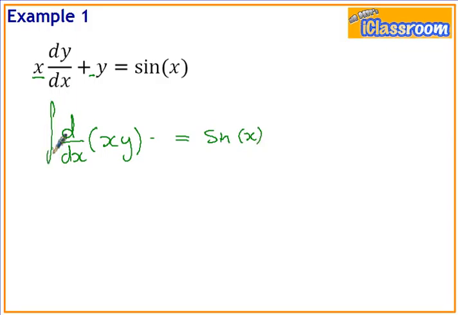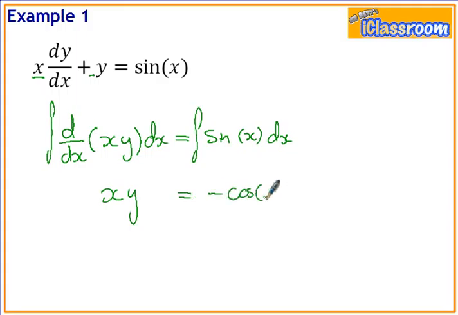Now, if I integrate both sides with respect to x, if I integrate this derivative, I end up with x times y, and if I integrate sine of x, I end up with minus cosine of x. Now, it's important at this point that we remember we're integrating, so I must include my constant of integration.